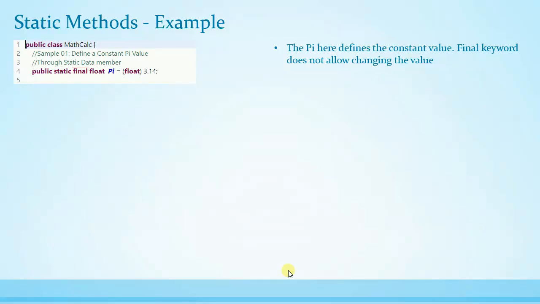Finally, we specified the data type float. So there are 3 modifiers and 1 data type specified before pi. Float is the data type. Final is a modifier which states that once pi is defined, it cannot be changed. Static states that pi is not instance specific, it is class specific. Then public states that pi can be accessed anywhere.